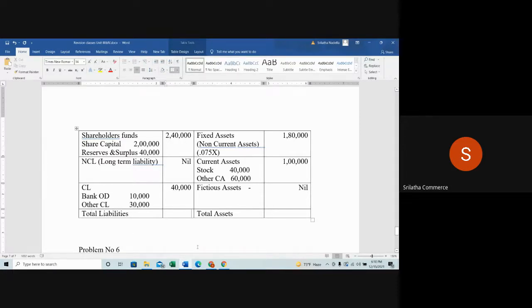Your total liabilities are 2,80,000. On the asset side also we got the same, 2,80,000. In this way you are going to prepare the balance sheet. Is it clear?